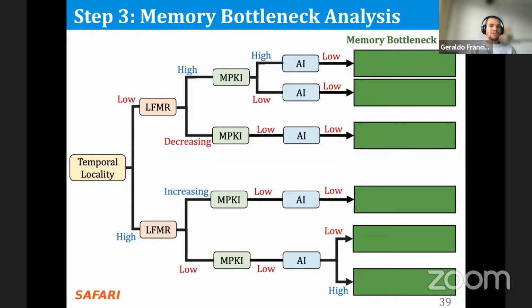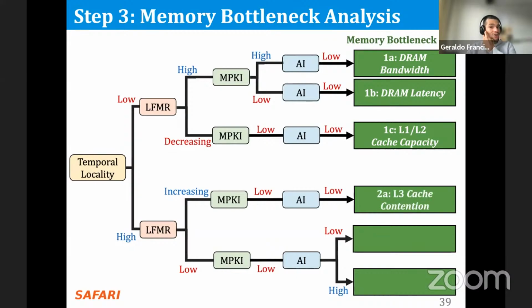These classes of memory bottlenecks are DRAM bandwidth bound applications, DRAM latency bound applications, applications with L1/L2 cache capacity bottlenecks, L3 cache contention bottleneck applications, L1 cache capacity bottleneck applications, and computations that are not memory bound or do not experience any particular source of memory bottleneck, and we call these applications compute bound.